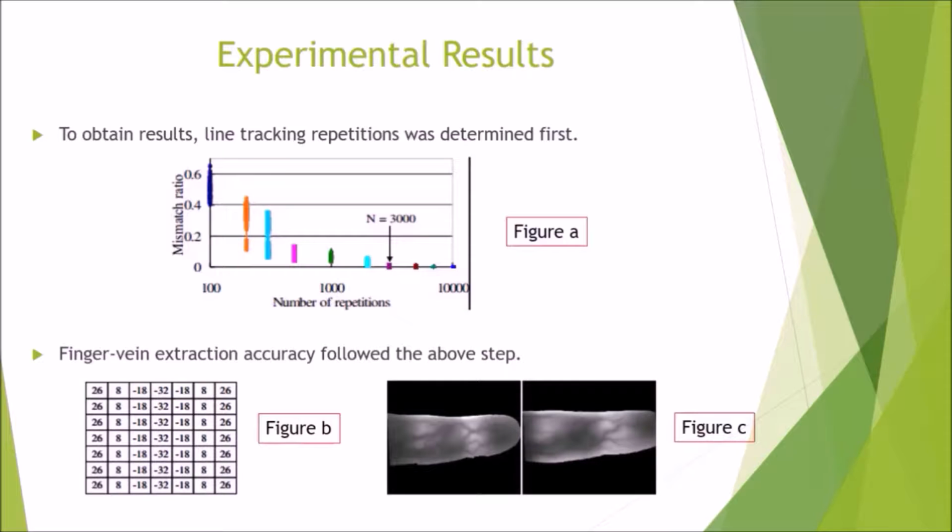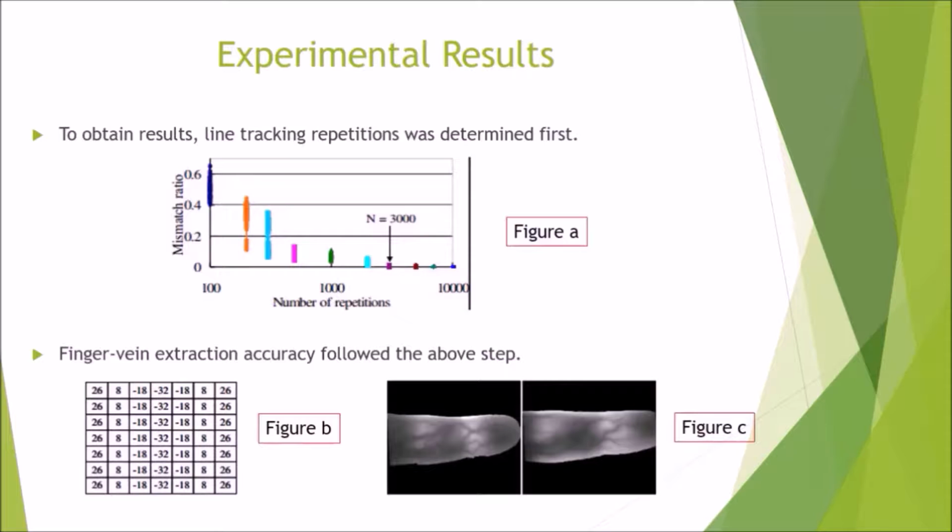Next, all finger vein patterns were compared with each other in all combinations and the differences were plotted on a graph. Finally, the procedure was repeatedly executed with an increased n, where n lies between 100 and 10,000.